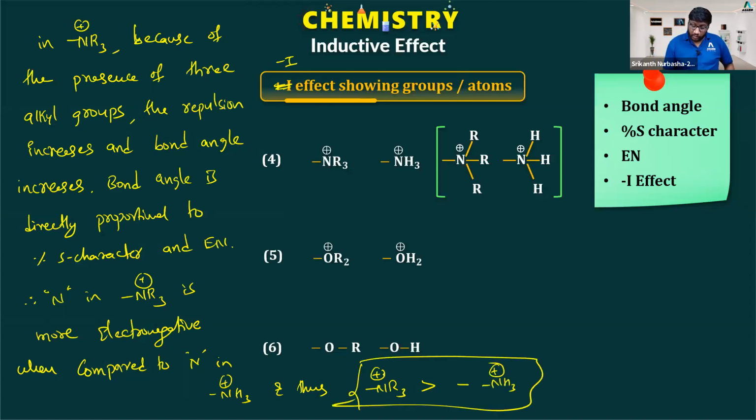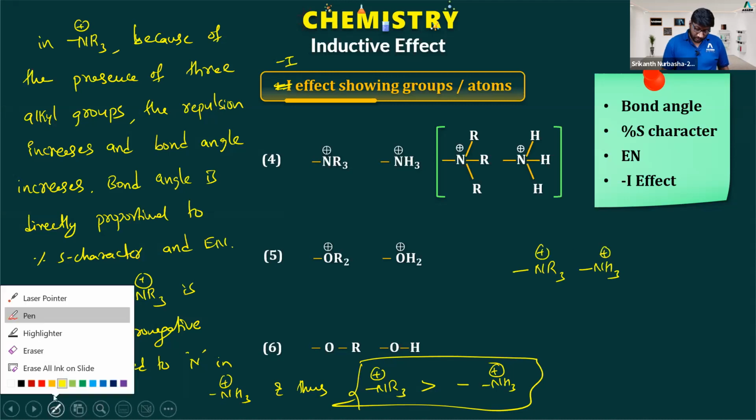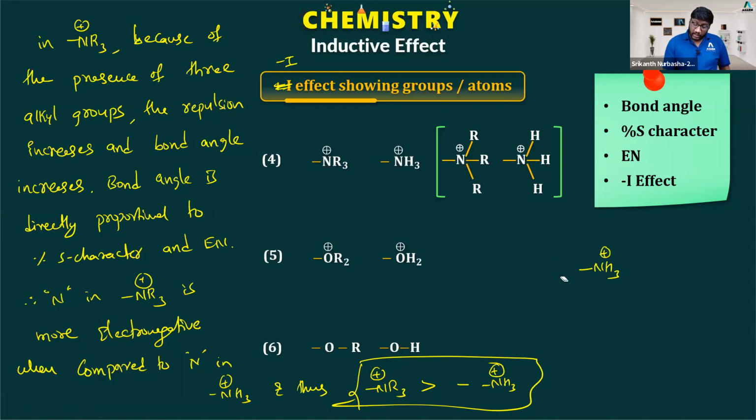Now I'll give 3 other groups: NR3+, NH3+, all connected to another species, NH2R, NHR2. In this case, what happens?